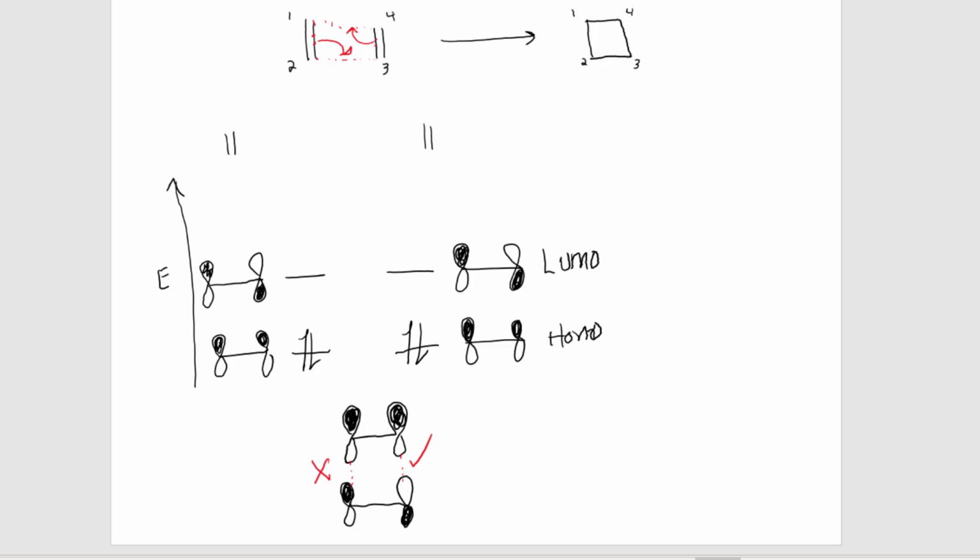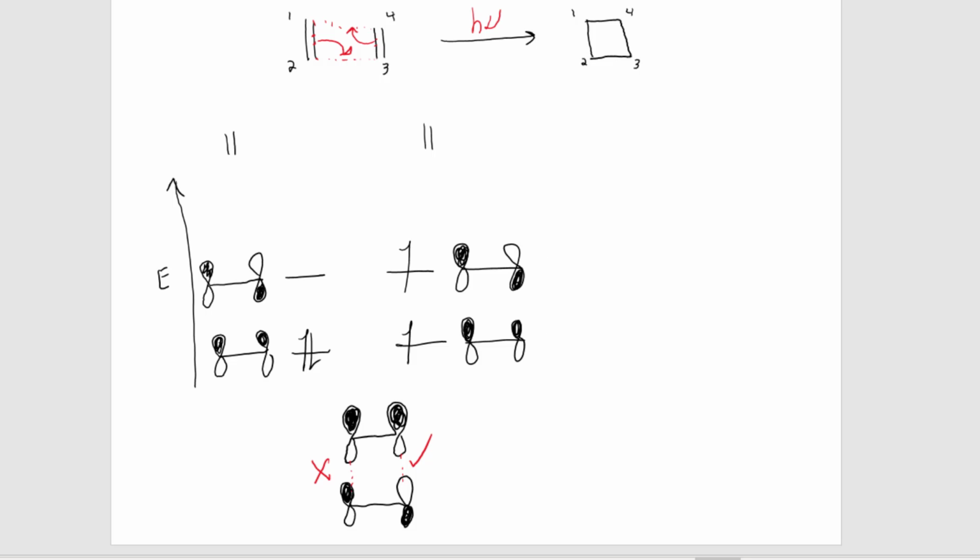However, if you add lots of light, a photon source, what happens is that the light will allow one of the electrons of 1, let's say, we just need to excite 1, to be excited to the next level. So now technically this is not the LUMO anymore.